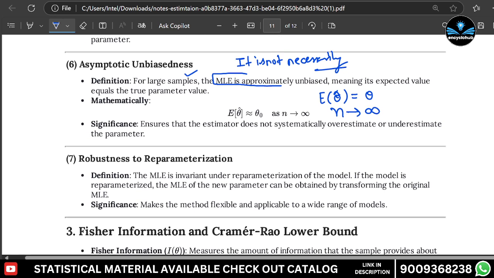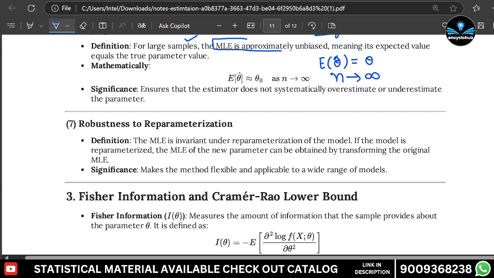And again, the next property is robustness to reparameterization. So the definition is: MLE is invariant under reparameterization of the model. If the model is reparameterized, the MLE of the new parameter can be obtained by transforming the original MLE.